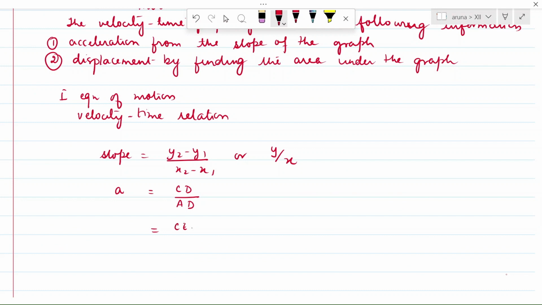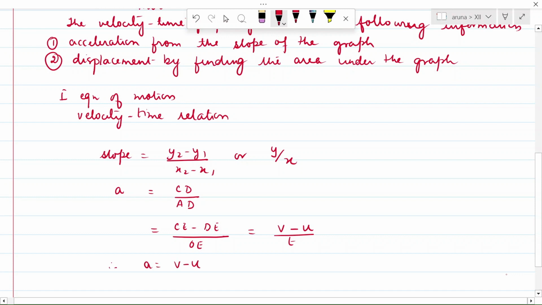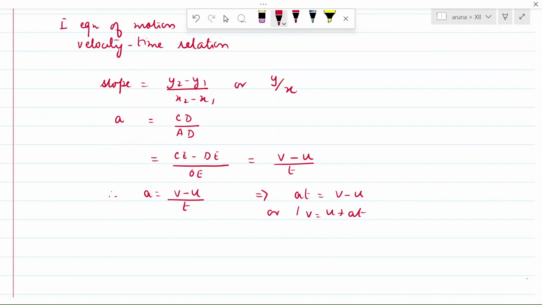So CE minus DE upon OE. CE is V, DE is U, OE is T. So you get the equation very easily. Therefore, a is equal to v minus u by t. When you cross multiply, what you will get is at is equal to v minus u, or v is equal to u plus at. So this is our first equation of motion.